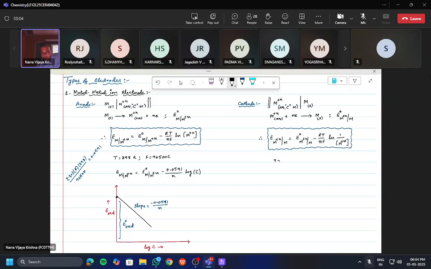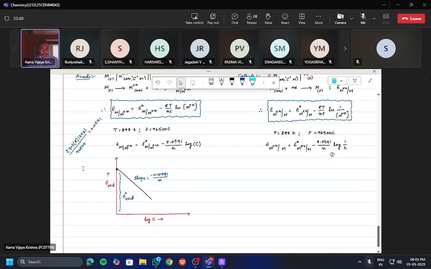If T equal to 298 Kelvin, Faraday equal to 96,500 Coulomb, then I will write this equation: E of M plus N to M is equal to E naught of M plus N to M minus 0.0591 upon N into log of 1 upon C. Correct, sir?